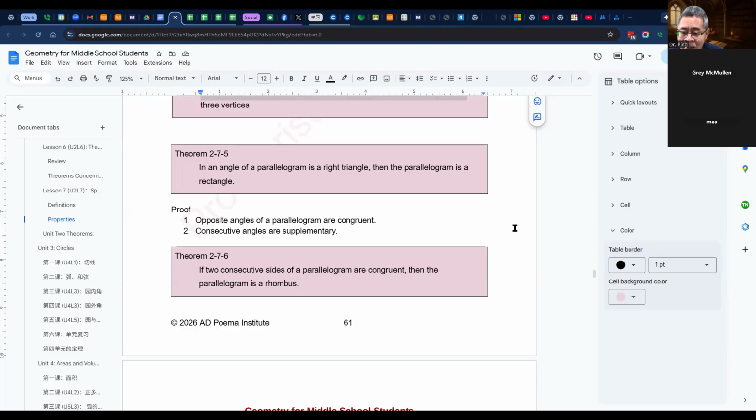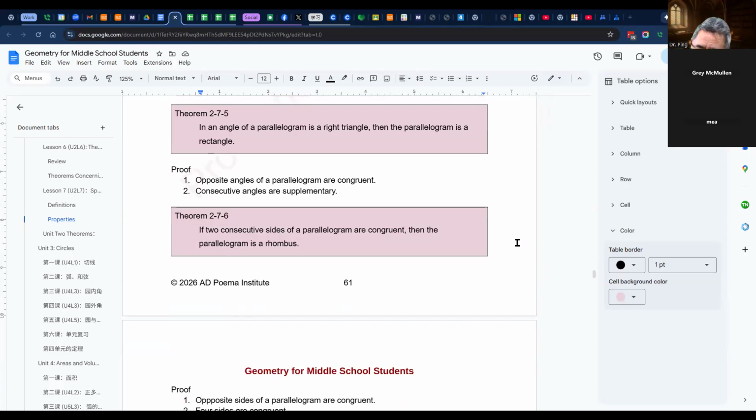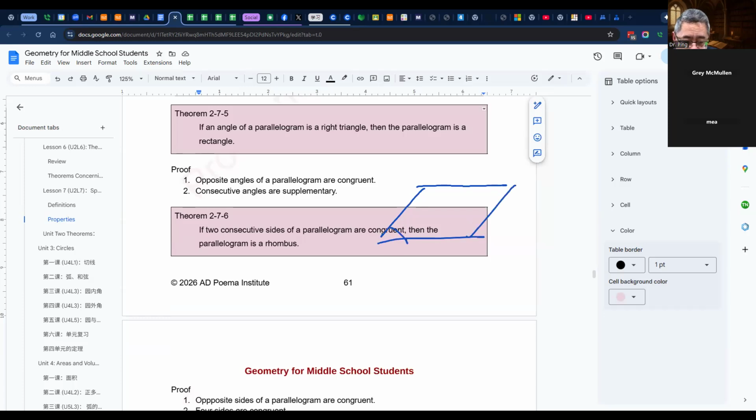Okay, we look at here. So this is, if an angle of a parallelogram is a right angle, then the parallelogram is a rectangle. Well, we know that for a parallelogram, this angle and this angle are congruent. Now, if this angle is a right angle, this one has to be right.